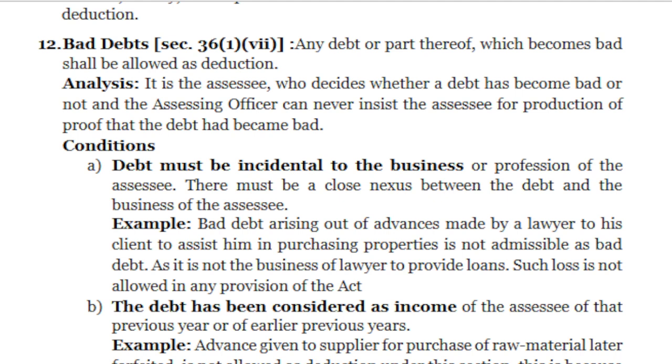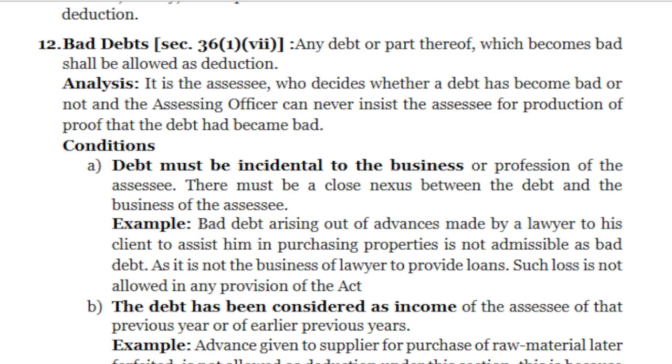Now tell me, if the client doesn't pay the money to the lawyer, can he claim it as bad debts? Please remember, for a lawyer, it is not his job to give loans, correct? Giving a loan is not incidental to business. That's why the lawyer cannot claim it as bad debts.